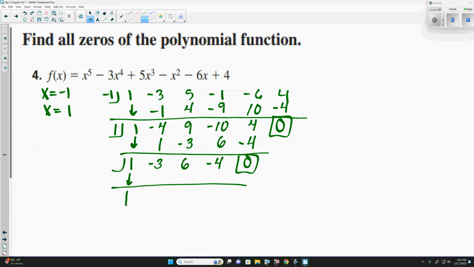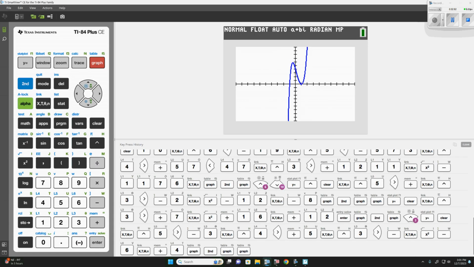Now one of the values did repeat. Which one looked like it was, 1 or -1? If we look back at the graph, it touched the graph at 1 but did not cross it.